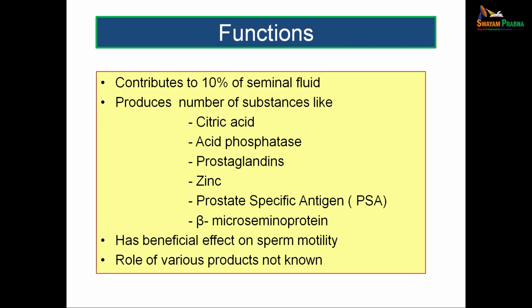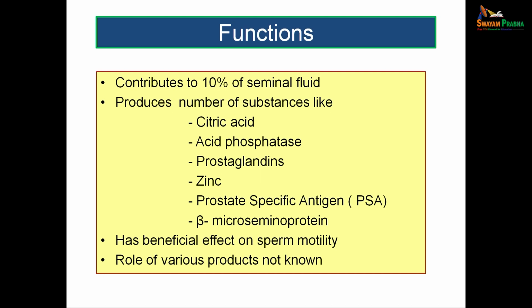Let us look at the functions of the prostate. Prostate contributes to 10% of seminal fluid. The secretions of prostate are acidic in nature because it contains citric acid, acid phosphatase, prostaglandins, zinc, prostate specific antigen and beta microseminoprotein.